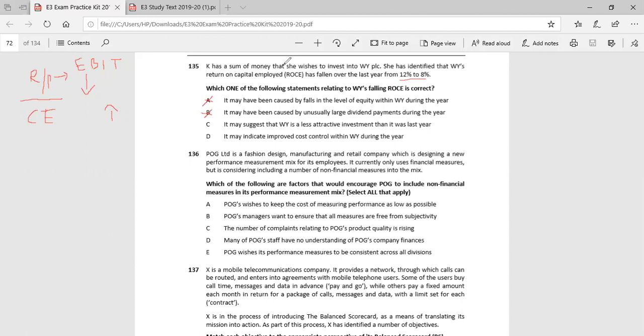D says it may indicate improved cost control within WY during the year. C is the answer. Why do you think C is the answer? It may suggest that their profit was reduced. Their profit was reduced, therefore ROCE has reduced. Okay, done.